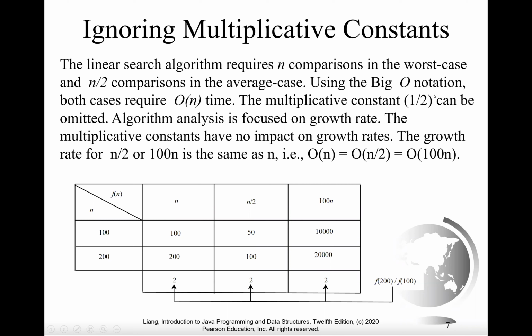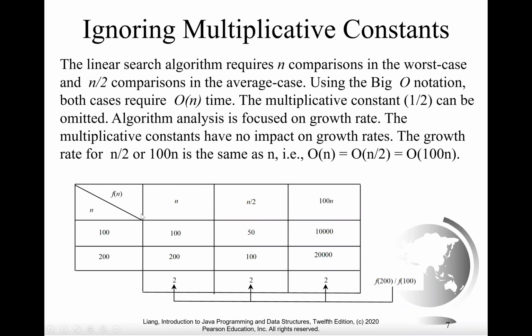Using the big O notation, both cases require order of n time. The multiplicative constant one half can be omitted. Algorithm analysis is focused on the growth rate. The multiplicative constants have no impact on the growth rate.